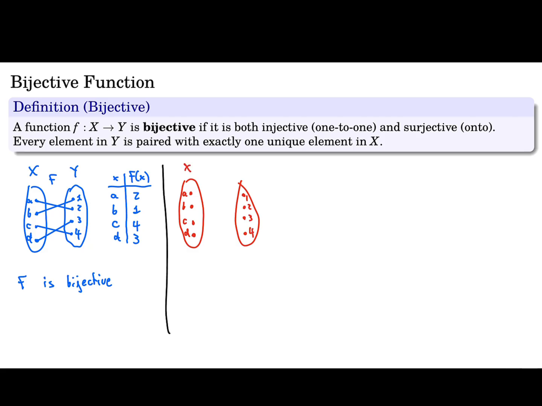So we have X and Y. And let's consider here A goes to 2, B goes to 1, C goes to 4, and D goes to 4. Let's call this g, and let's do a table for it also. x, g of x. A goes to 2, B goes to 1, C goes to 4, and D goes to 4. So in this case, g is not bijective.